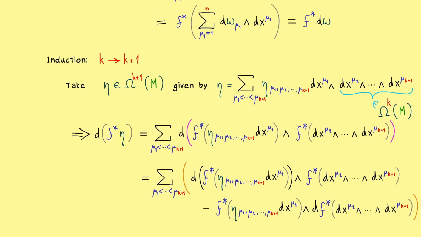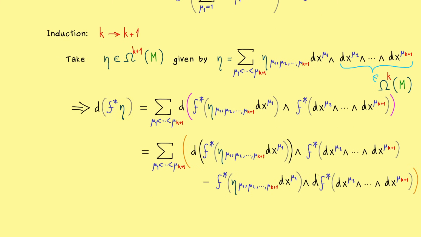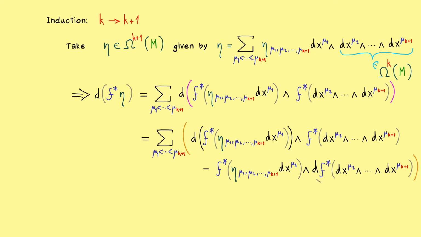And exactly there our induction hypothesis can come in. There we can exchange d and f star, so we get out 0 for this factor again. This is the same reasoning as before, we always have 2 times d in a row. And moreover, in the first term we can also exchange d and f star because we just have a 1 form there. Therefore, as already expected, we can just write f star in the front of everything.